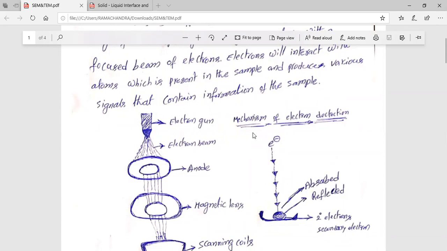The electron source, known as the electron gun, produces the electrons. These electrons fall in the form of an electron beam on a disc-like structure, the anode, which is also known as a magnetic coil.